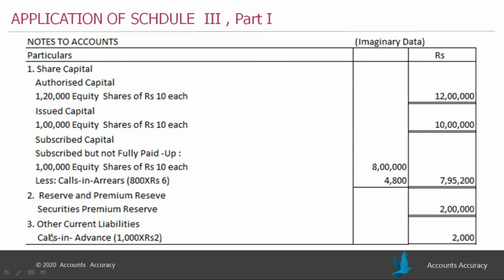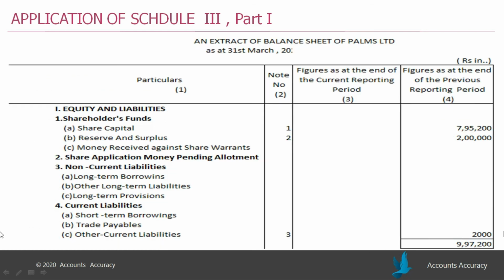Then you have to write current liabilities, and current liabilities is your calls in advance money only. In this question it is given under current liabilities. So this is how we make the balance sheet. You can try other sums also, and don't panic, it's a very easy chapter and a very scoring chapter.